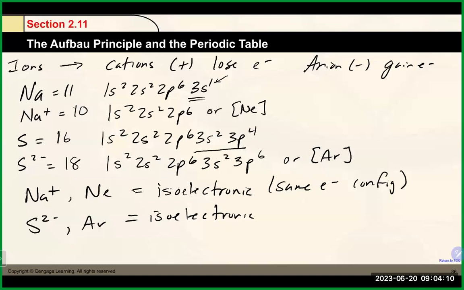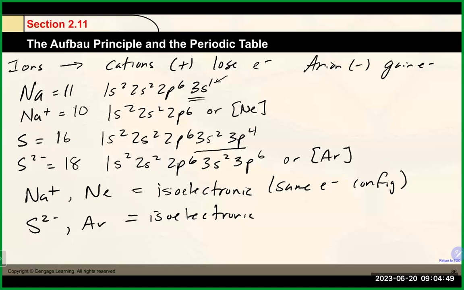Both of those ions, one that gained a positive charge and one a negative charge, ended up at a noble gas configuration. That is essentially what happens with representative elements, the ones that are not transition metals. The metals will lose electrons and end up back at noble gas configuration. And non-metals, like chlorine and sulfur, will gain electrons and move forward on the periodic table to the noble gas that comes after them.